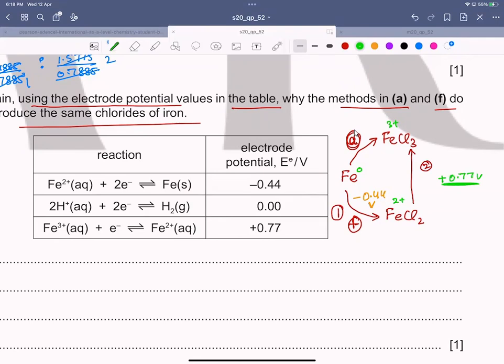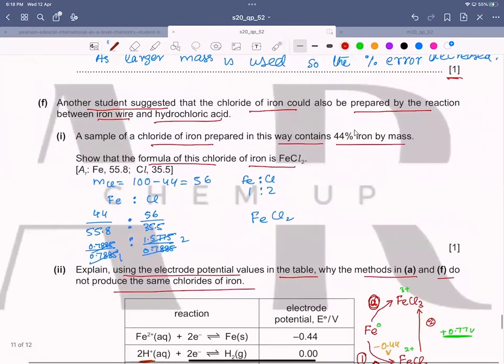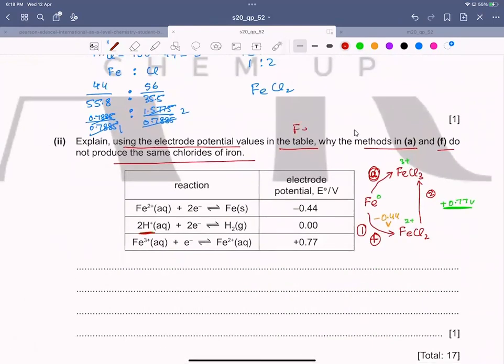On the other side, we are reacting it with hydrochloric acid, where we have hydrogen ions. If you write the equation, iron wire and hydrochloric acid, they told you that iron chloride is formed along with hydrogen.